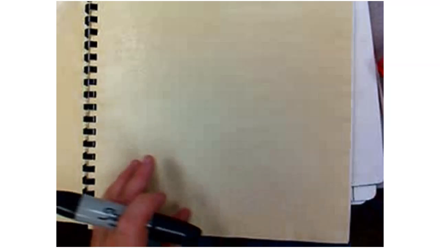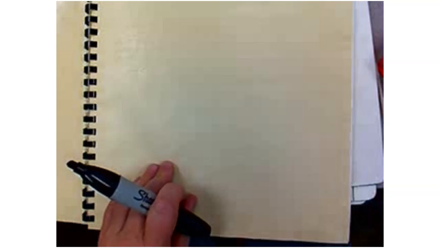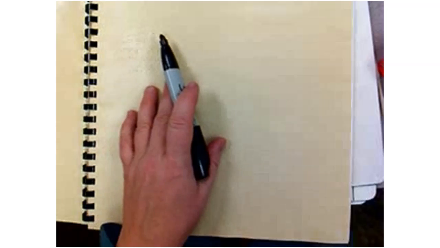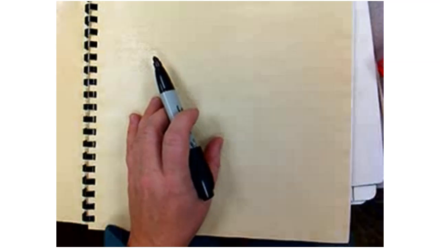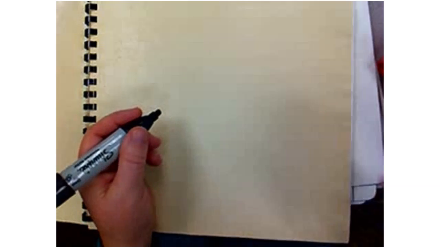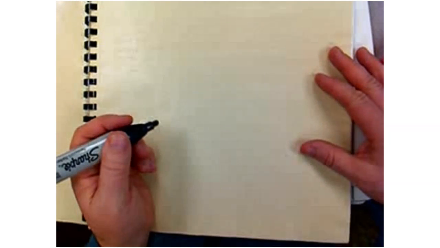So the converse now, we're going to flip it around, aren't we? We're going to put the hypothesis and the conclusion in opposite orders. So now this one's going to say, if the measures of three angles of a triangle are unequal, then the measures of the sides opposite those angles are unequal in the same order. So we say this front and backwards, so we cover all our bases.